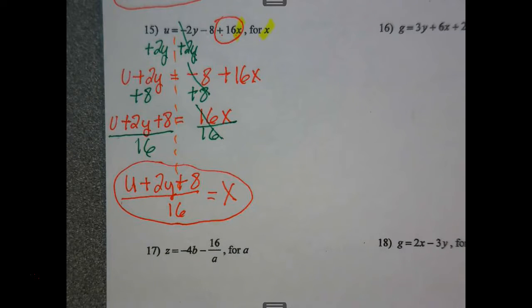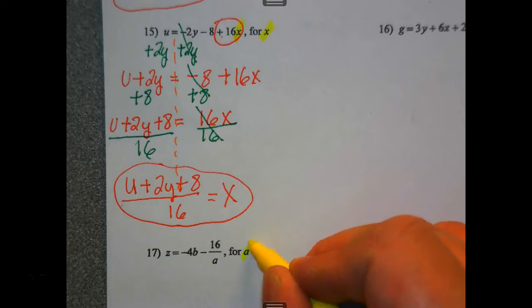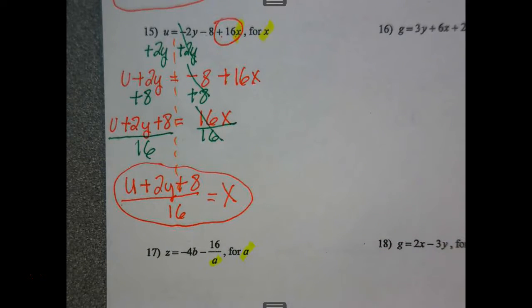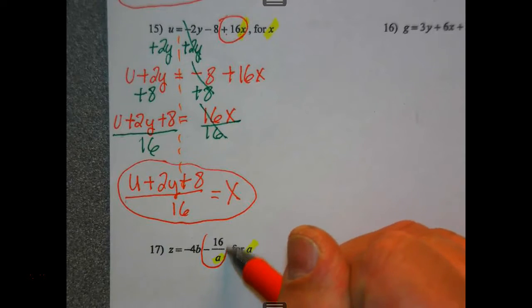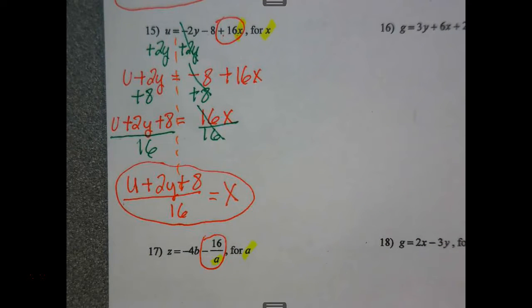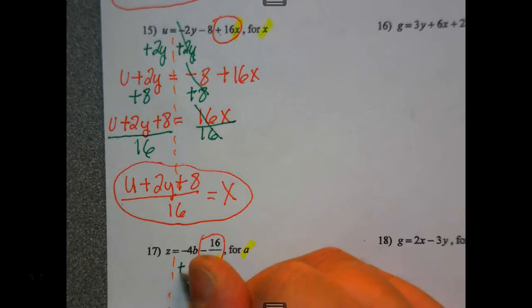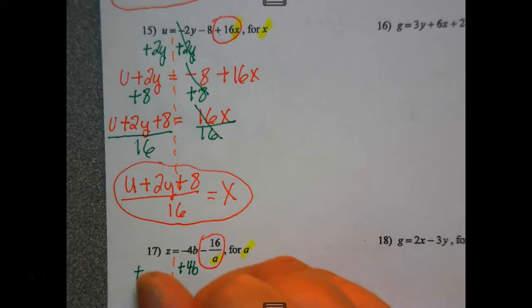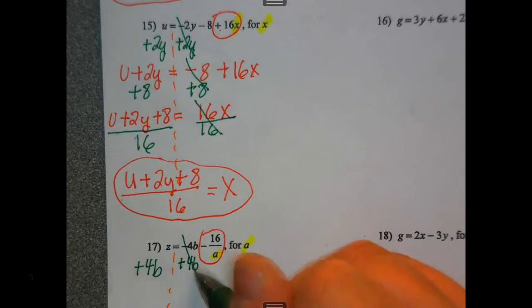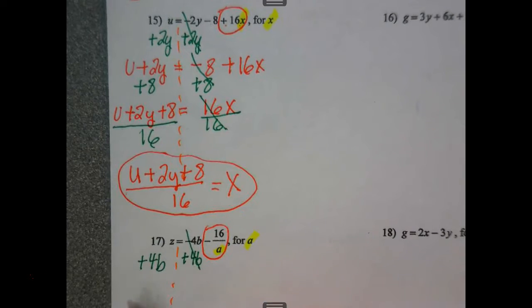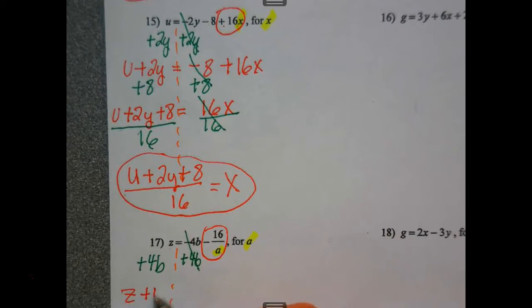We have to solve for a. Let's get this term by itself first. So I'm going to add 4b to both sides. So z plus 4b equals negative 16 over a.